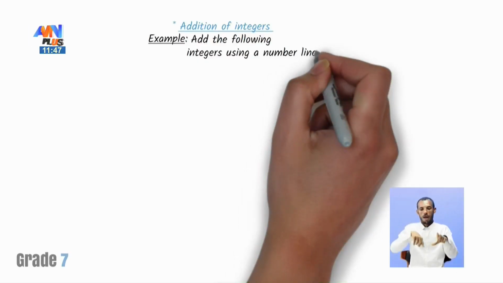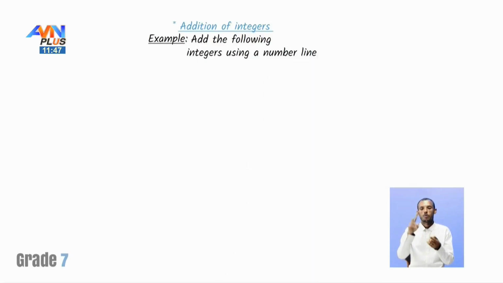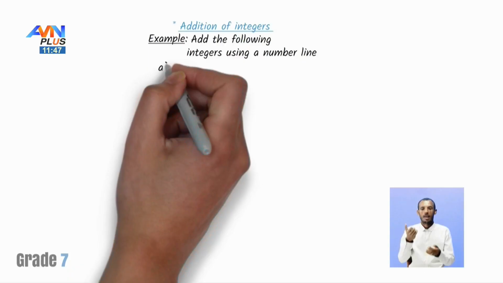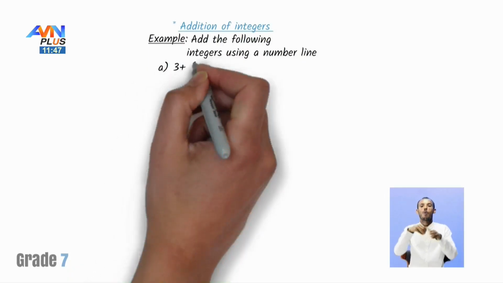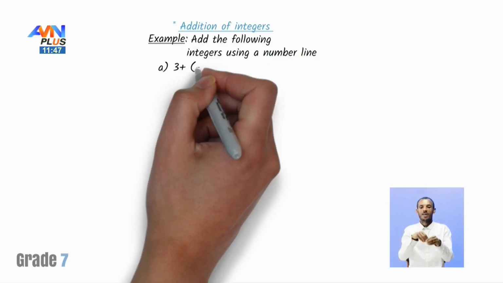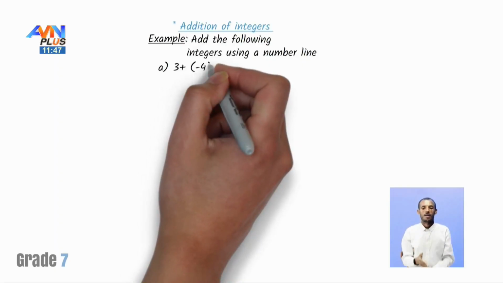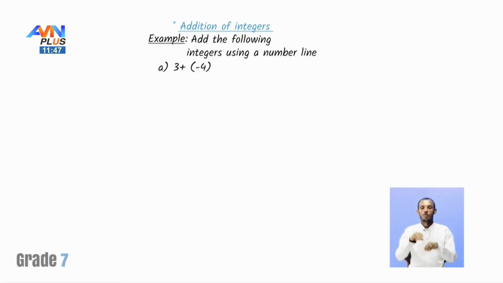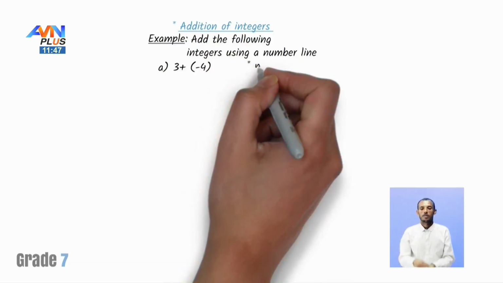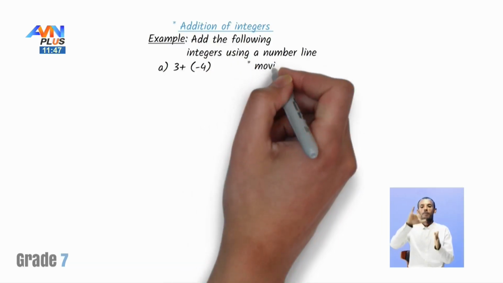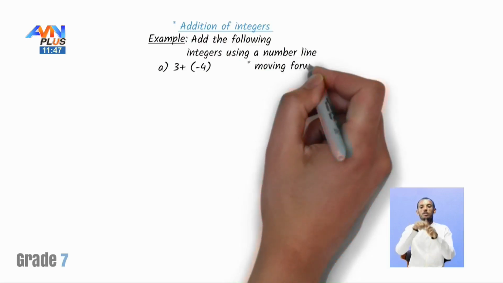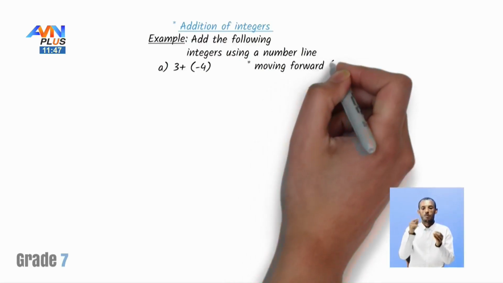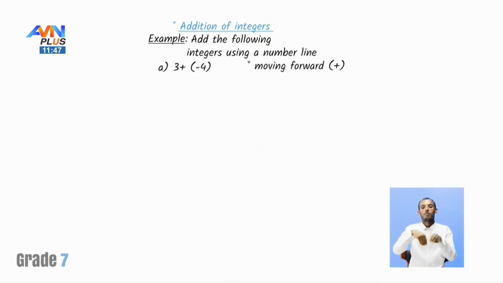To remind you of 2 points from the previous lesson, we have seen that moving forward is represented by a positive. So if a certain thing moves 4 units forward, it becomes positive 4, you know this.